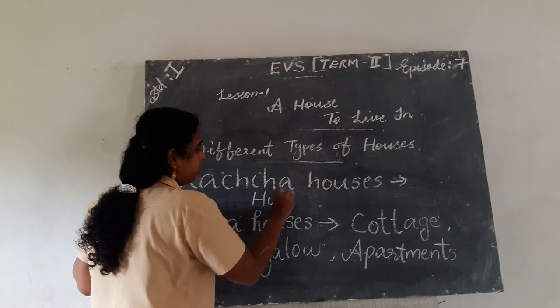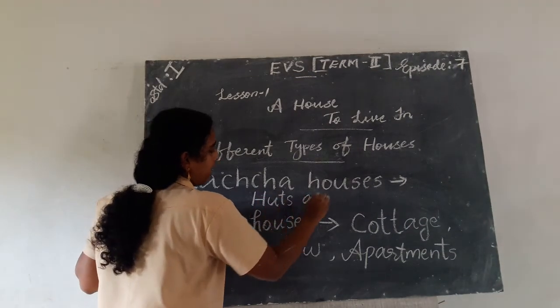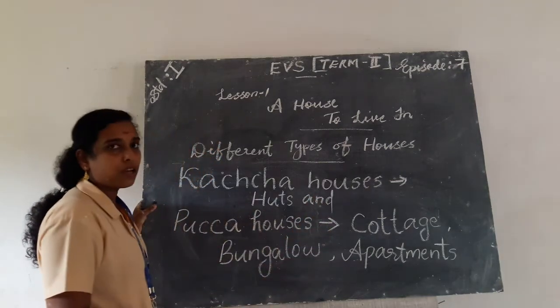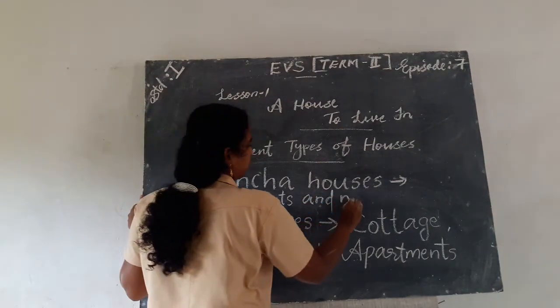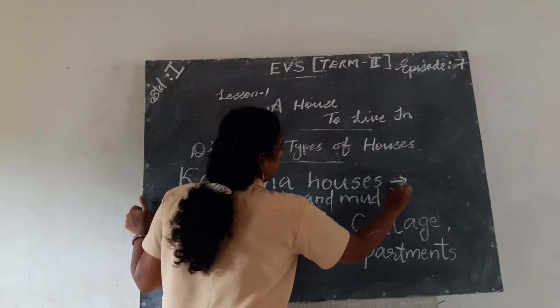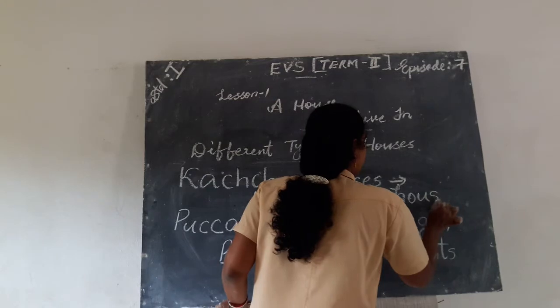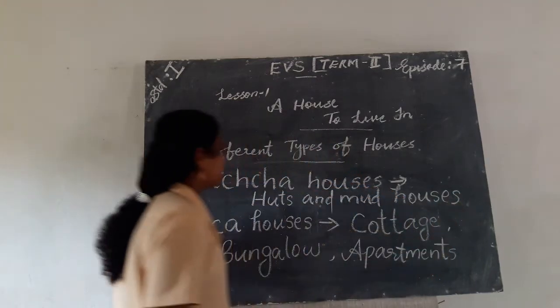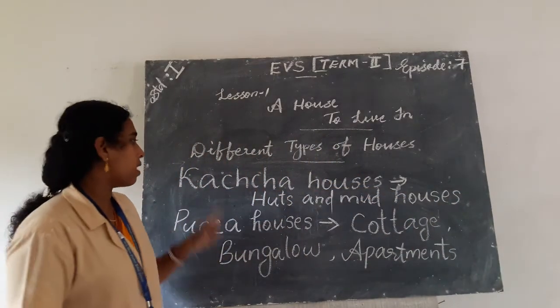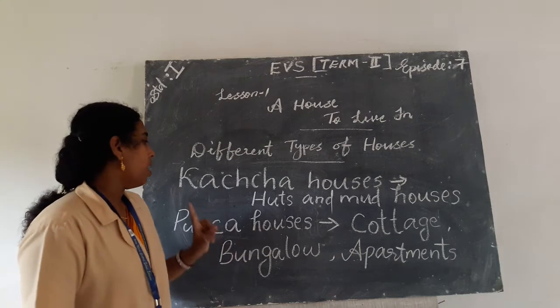Huts, H-U-T-S, and mud. What is the spelling of mud? M-U-D, mud, houses, H-O-U-S-E-S. Huts and mud houses are called kacha house.